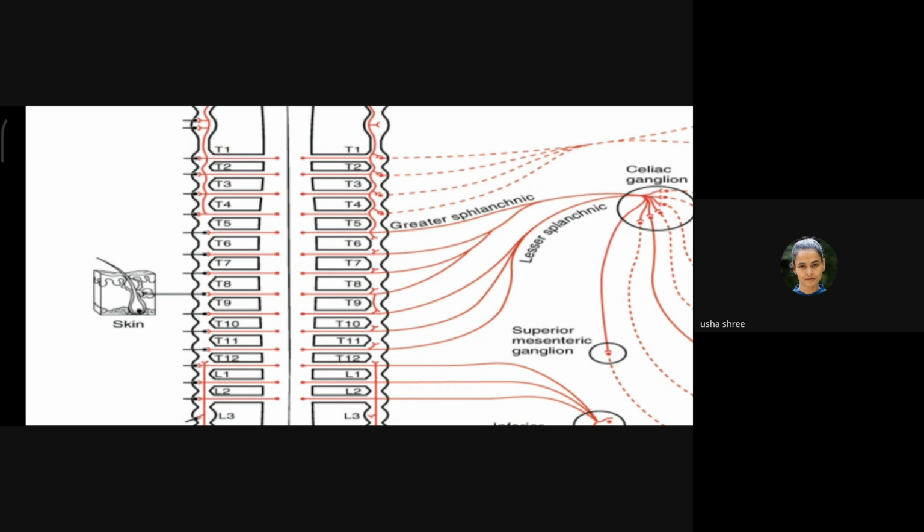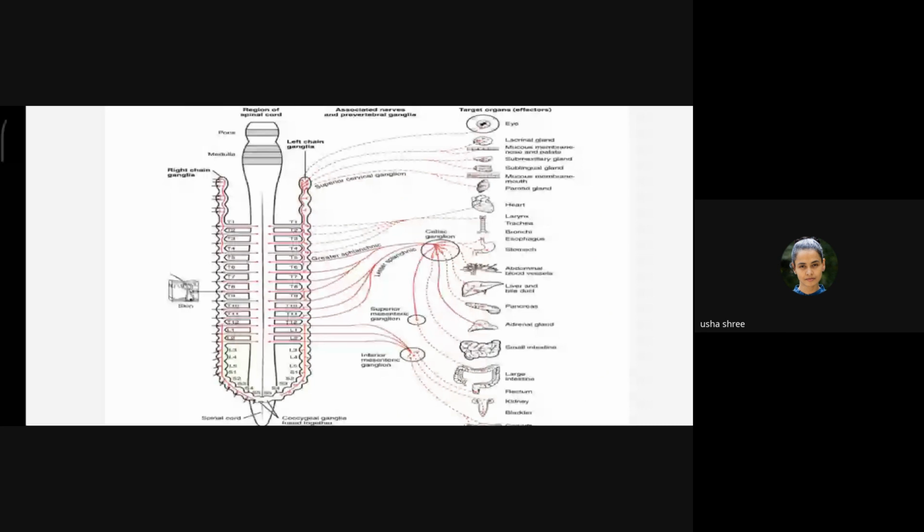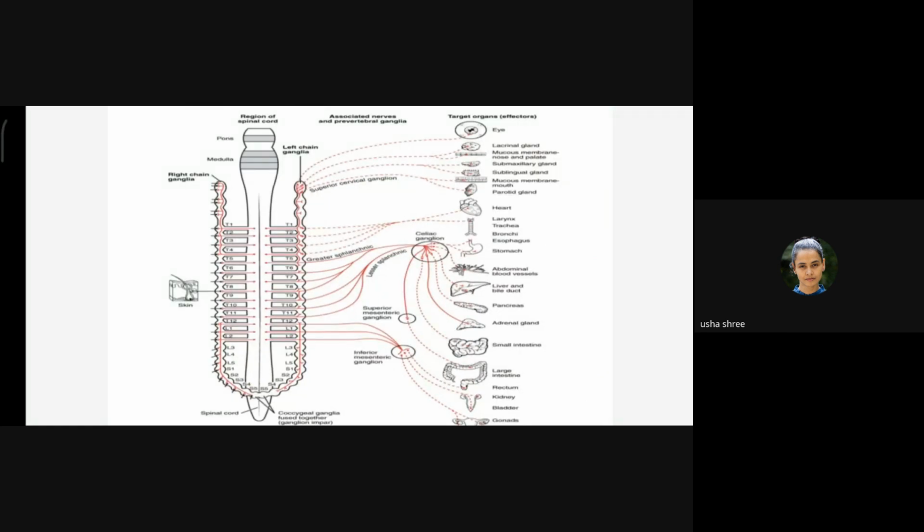Yes, you are right. Don't hesitate, even if you are wrong. Okay, so you are right. A ganglion is a bundle or collection of cell bodies of neurons. If you are confused about ganglion, then how will you understand what is preganglionic and what is postganglionic?